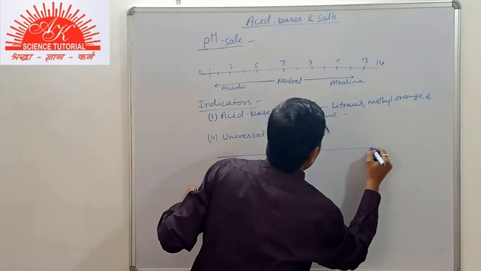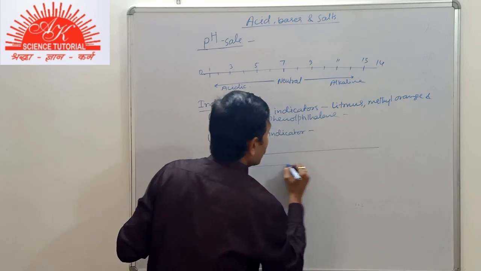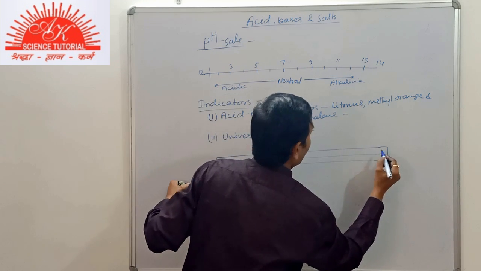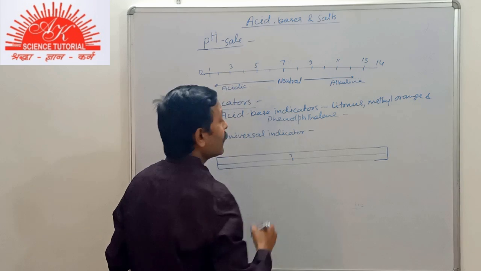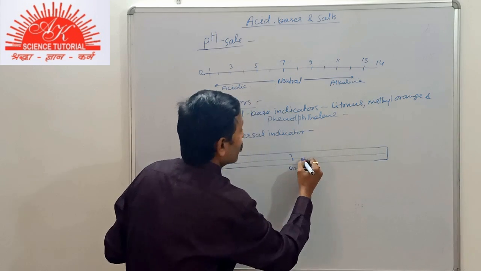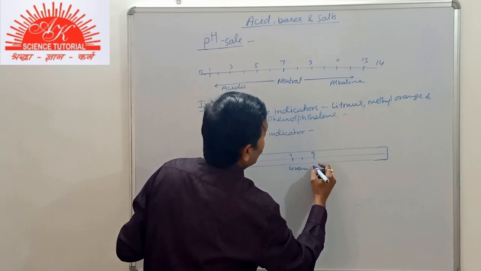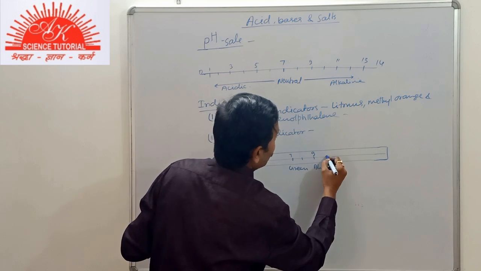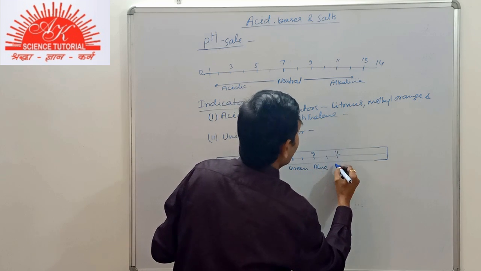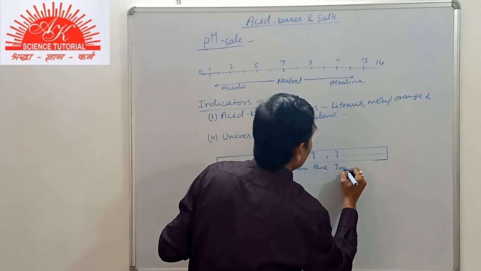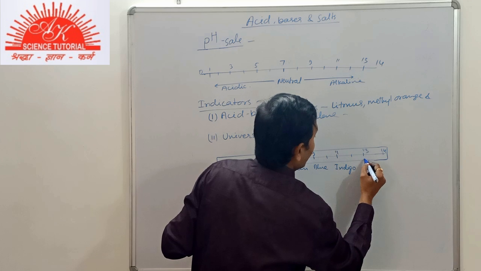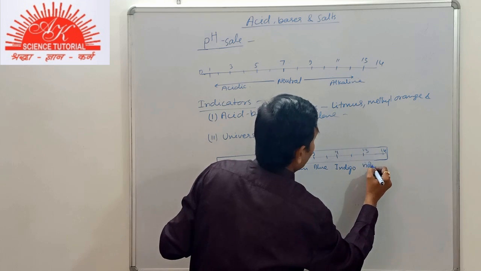Like, if we have this type of strip given, which is a pH scale. Now, if the pH is 7, its color will be green. pH 9, it will be blue. pH 11, it will be indigo. pH 13, it will be violet.